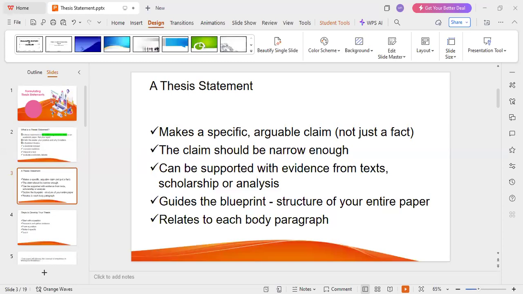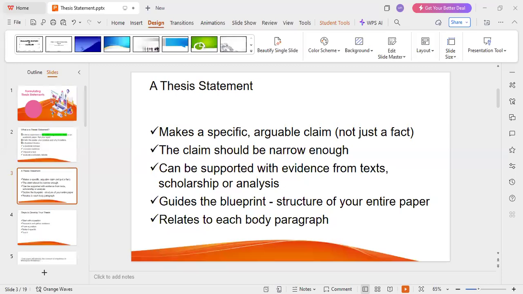But again, you need to consider the sensibility and the reasonability of it. If someone can reasonably and sensibly agree or disagree with your position, that means your thesis statement is debatable and therefore it is a strong thesis statement.